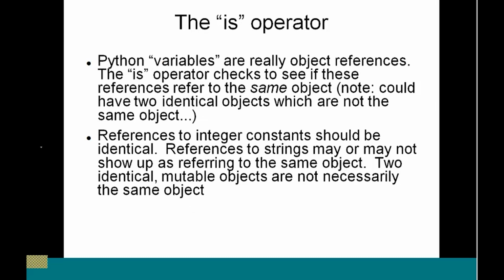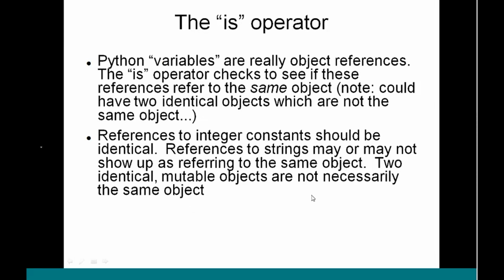So the dict.has_key() returns true if the key is in the dictionary dict, or returns false. And then we have items, update, dict.values(). There are several methods that are available.